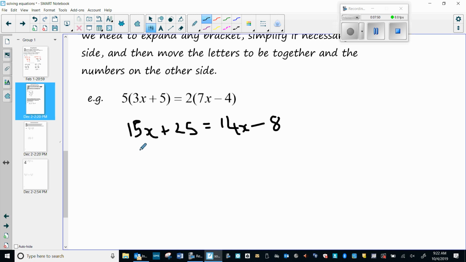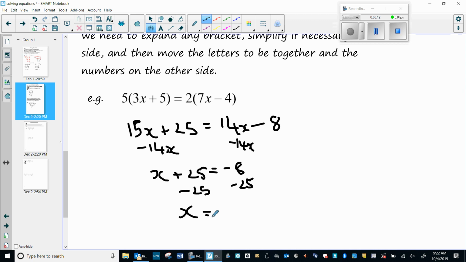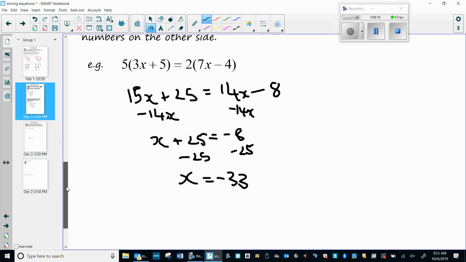So since 14x is smaller, I would subtract 14x, which would be x. So x plus 25 equals -8. Then I would subtract 25. So x is -33. Lovely, thank you. Does everyone get that? Yep.